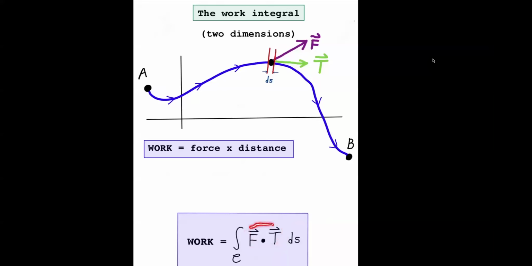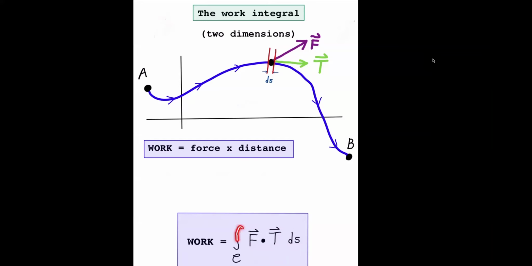We multiply this amount of force times this infinitesimal distance. So we have force times infinitesimal distance, and the product is then going to be the infinitesimal amount of work. So this expression here represents the infinitesimal amount of work that's involved in moving the point along the curve just one distance ds.